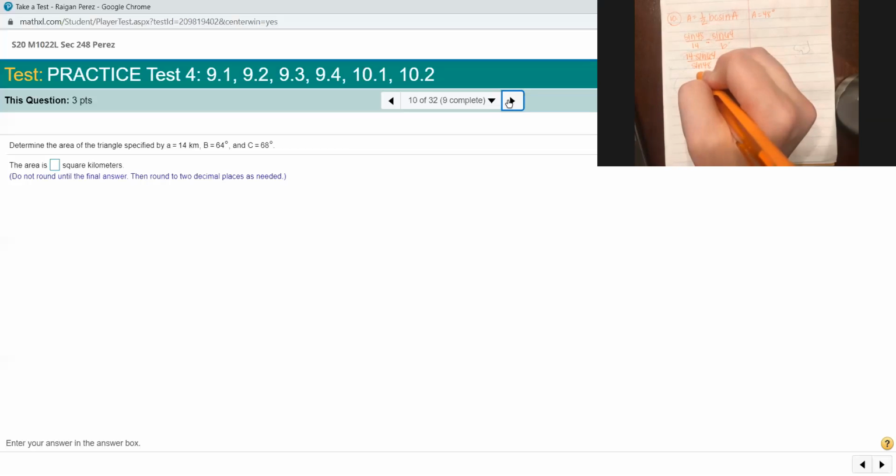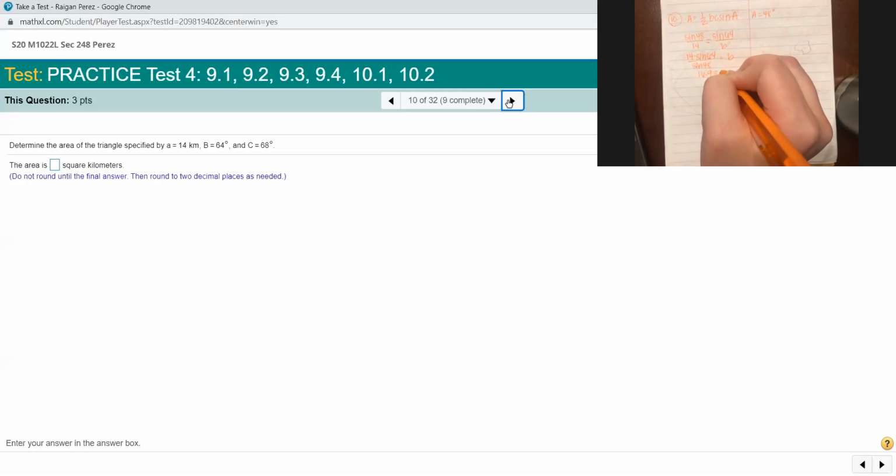I got it. 16.9 is little b. Oh, 16.93 because it says 2 decimal places. Is little b. So now that I have 2, I can use the area formula.